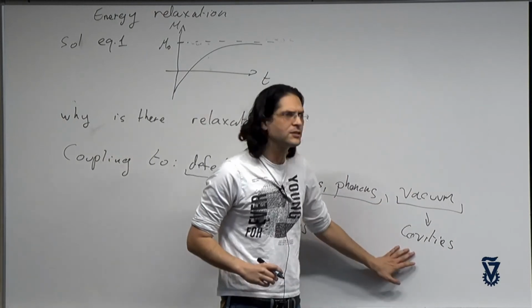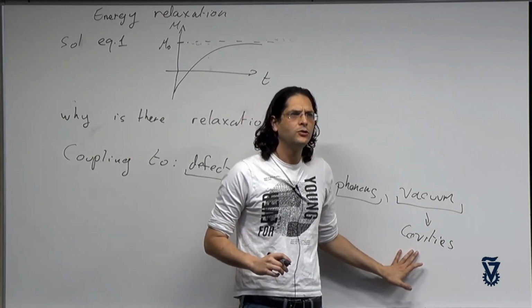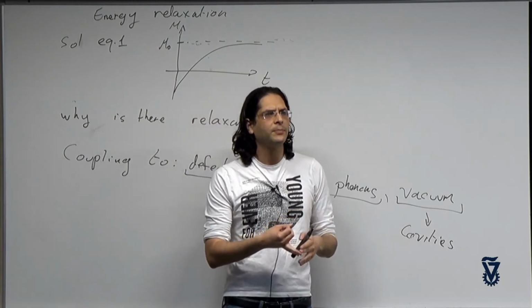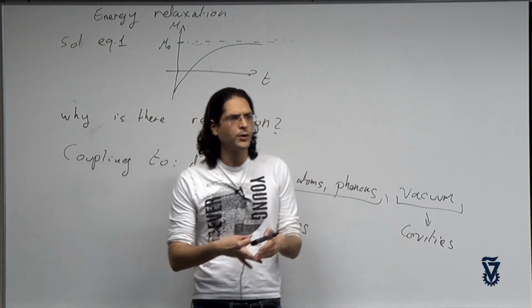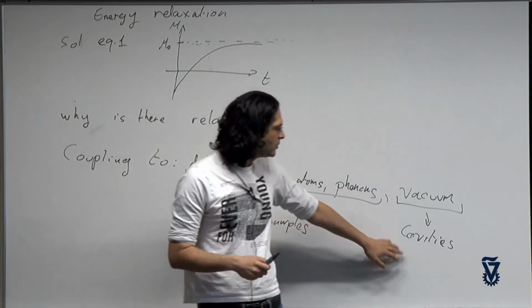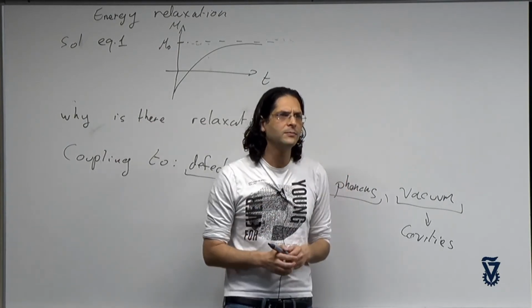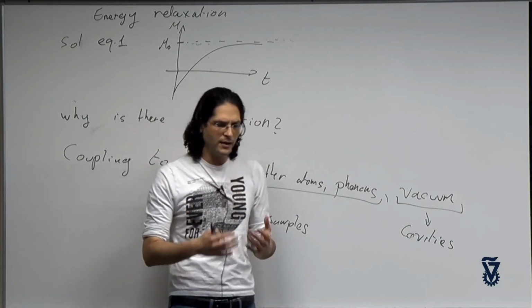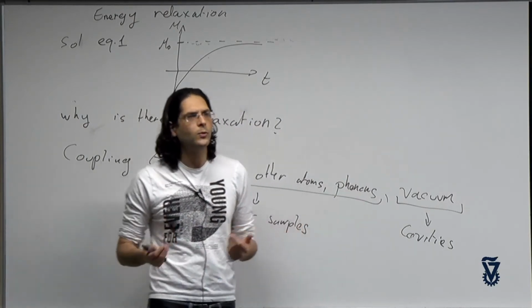And this is relevant to the fields of cavity QED, trapped ions, superconducting qubits. They all utilize this idea of putting atoms in cavities to help modify the density of states to inhibit emission.